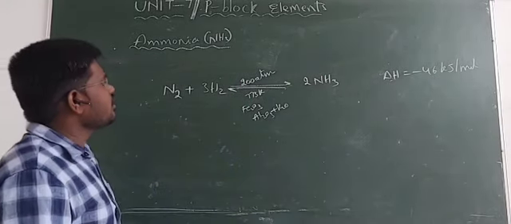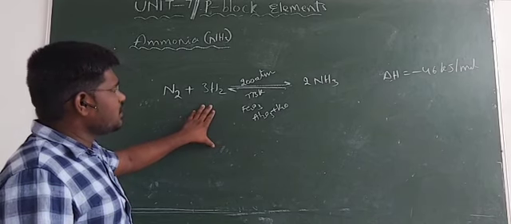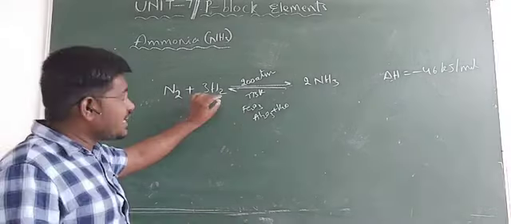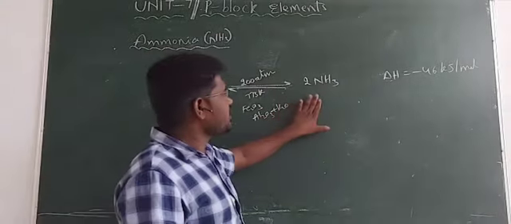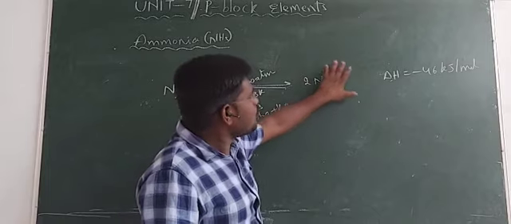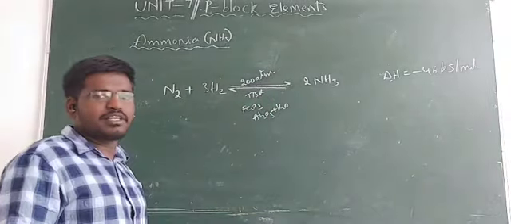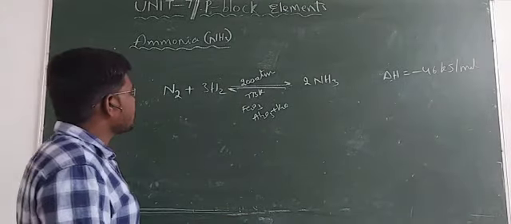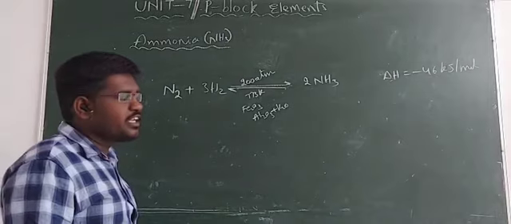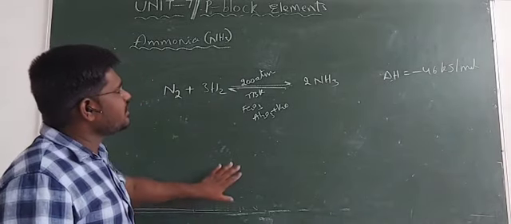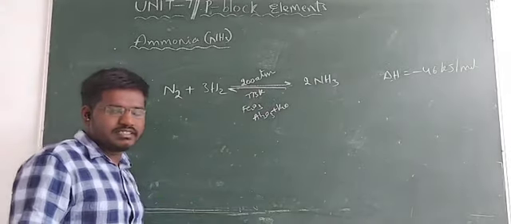Here we need to supply a smaller amount of heat, because this is already an exothermic reaction. To get more product, we need to maintain a low temperature. But at low temperature, the rate of the reaction is very slow. That's why we have to maintain a moderate temperature, that is 773 kelvins.